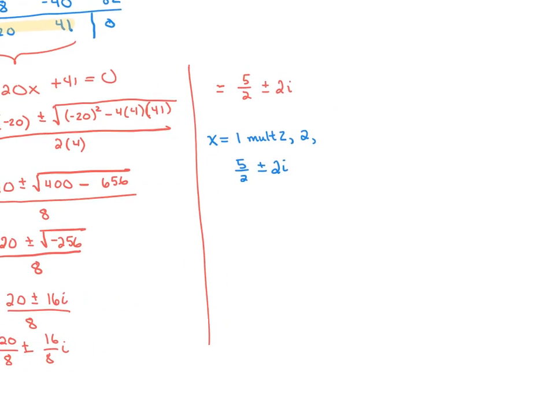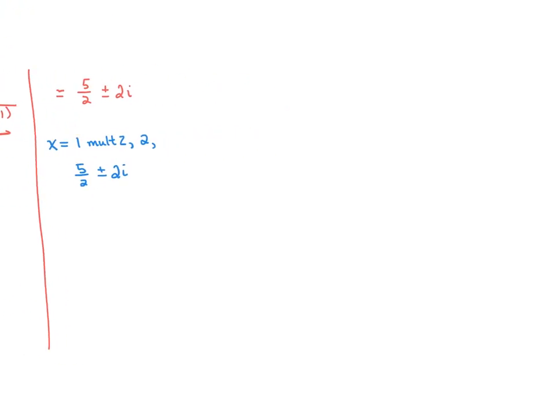But now, we're supposed to write this polynomial in factored form. So, each one of our zeros corresponds to a factor. So we have 1 multiplicity 2. That will be a factor of x minus 1, and that will get squared.